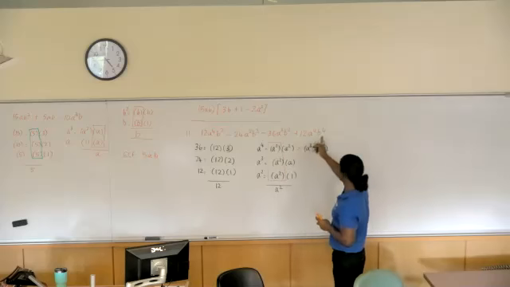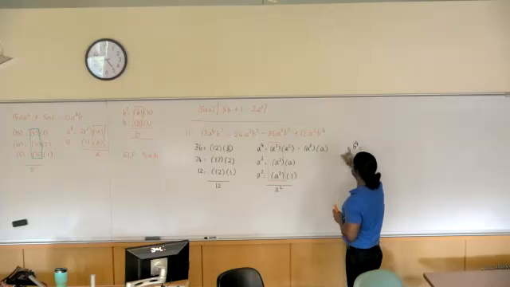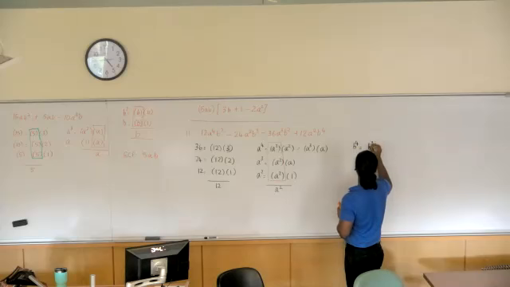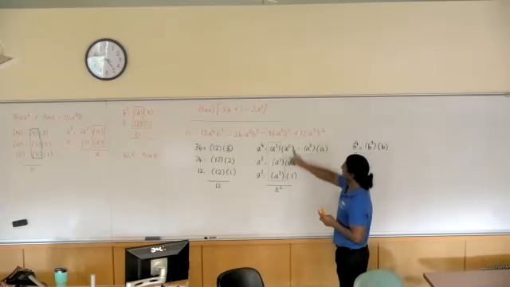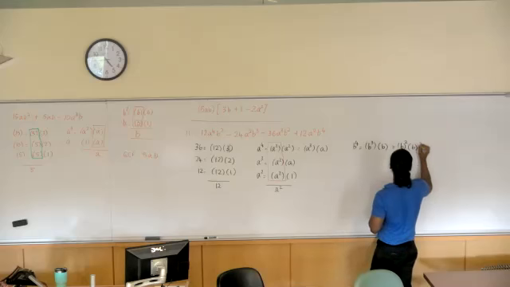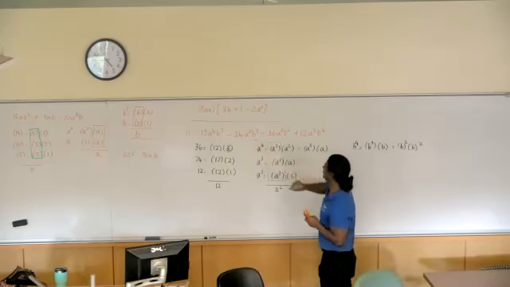And the last case would be b raised to 4. I'm going to write b to the 4th in terms of the lower powers. So b cubed times b. I see a b squared, so I can write it as b squared times b squared. I see b cubed.